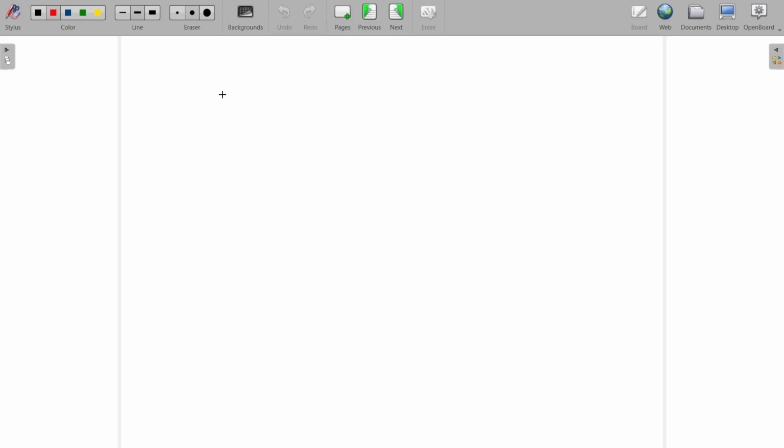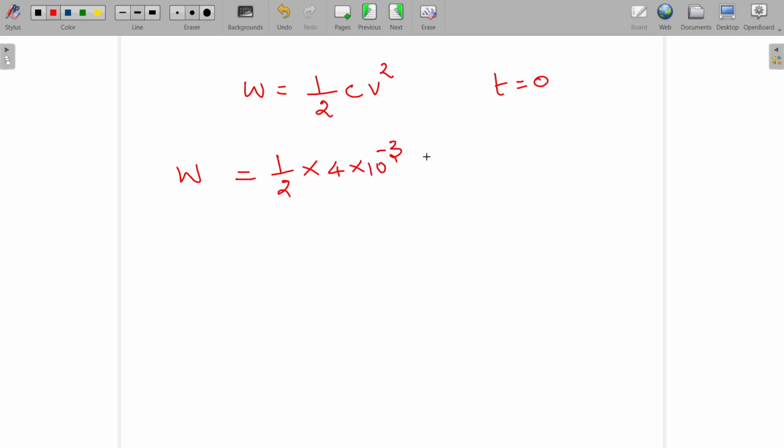Now we have to get the answer for this. Find the energy at t equal to 0. So we need to calculate W, that is half into C V square at t equal to 0, right? So W is equal to half into C value. We know that it is 4 into 10 power minus 3, as it is 4 millifarad. V at t equal to 0 is 50, so it is 50 square.